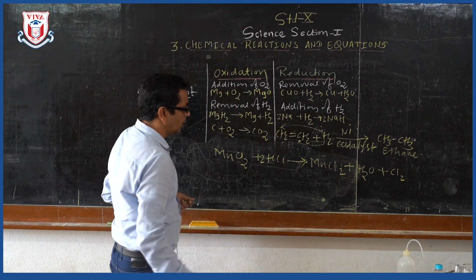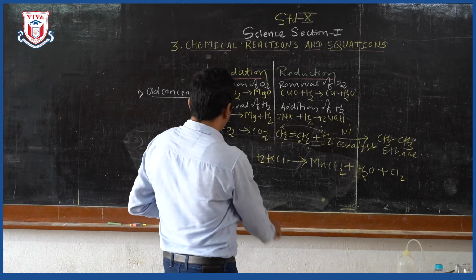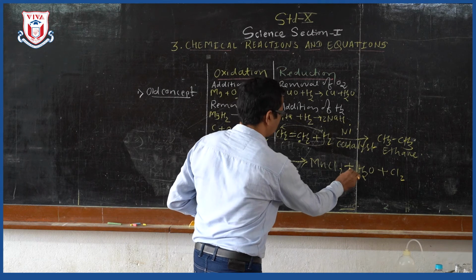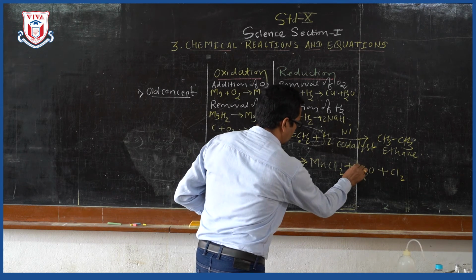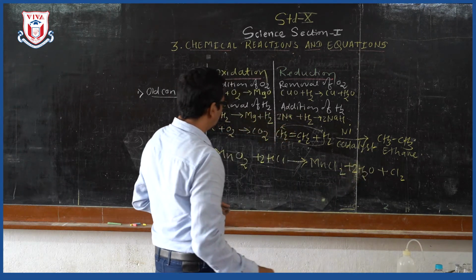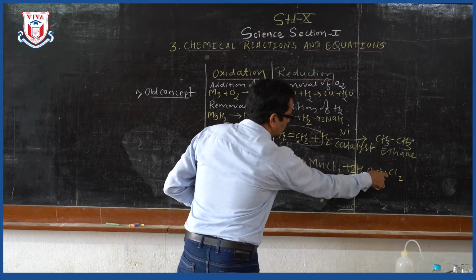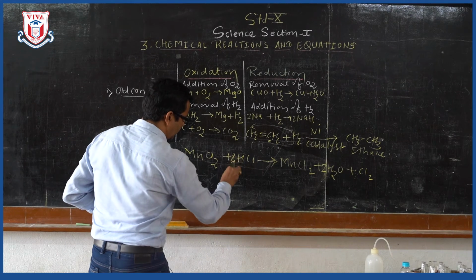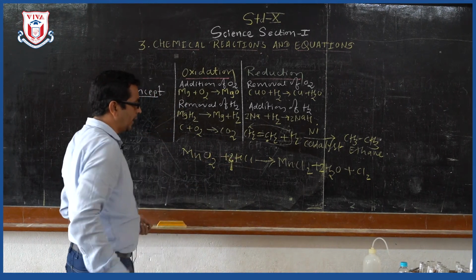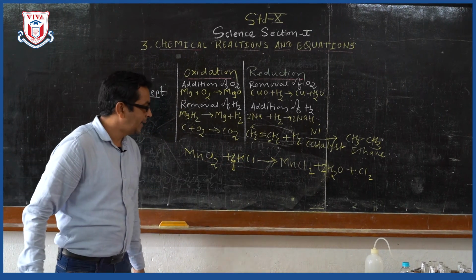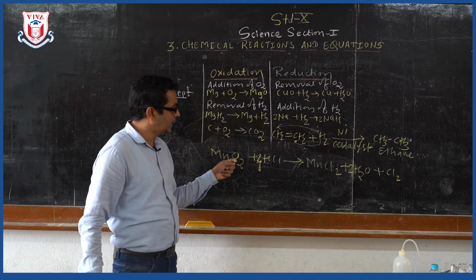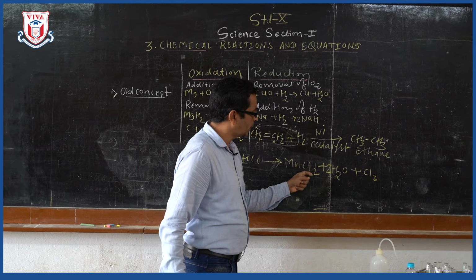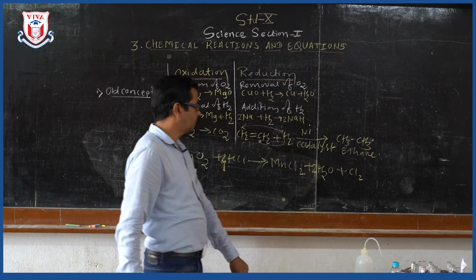Oxygen, I have 2 here, multiply this by 2. Then chlorine, I have 2 and 2, that is 4, so multiply this by 4. So this is my balanced equation: manganese dioxide reacted with HCl gives manganese chloride plus water and chlorine.